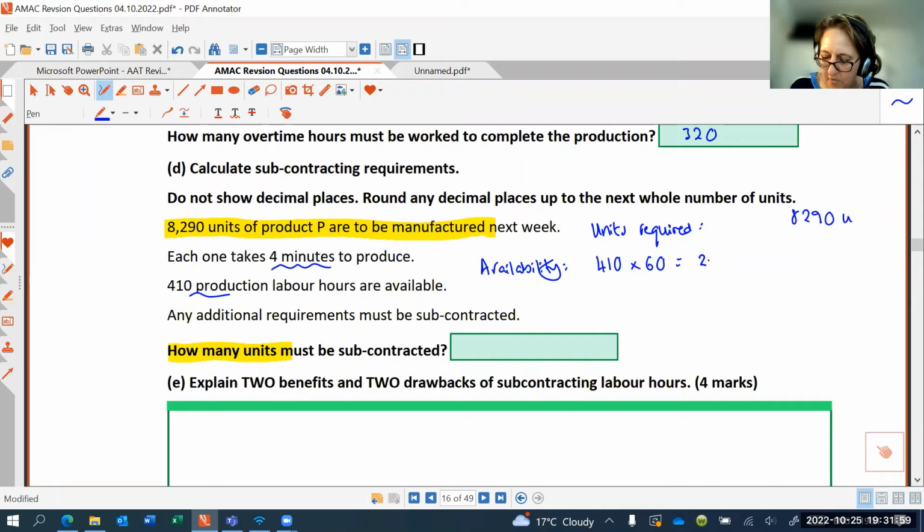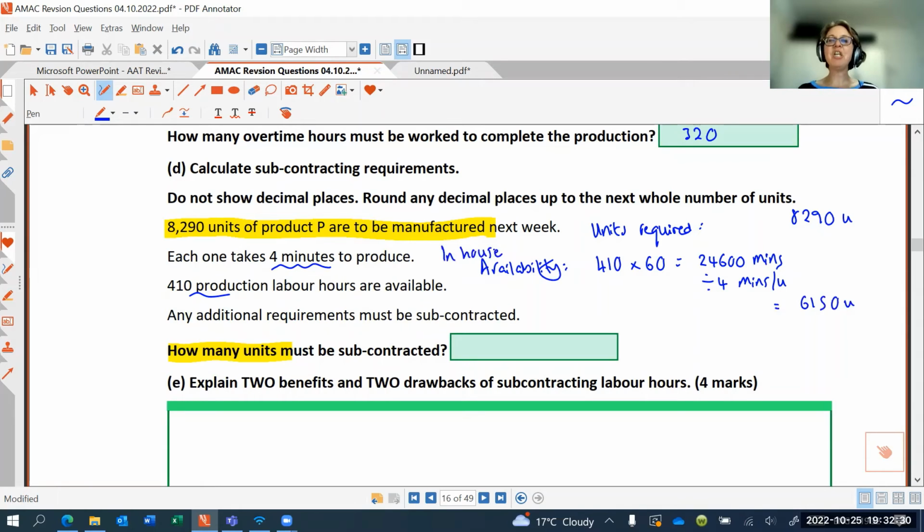So we've got 24,600 minutes available. And if each unit takes 4 minutes to produce, 4 minutes per unit, I divide that by 4, and that will tell me how many units we are able to produce in-house. Maybe I could have called this in-house availability.